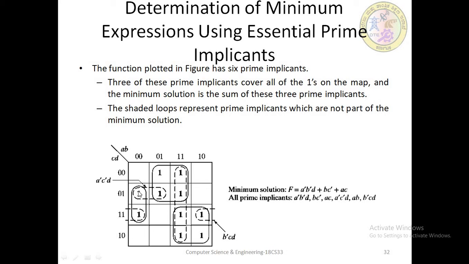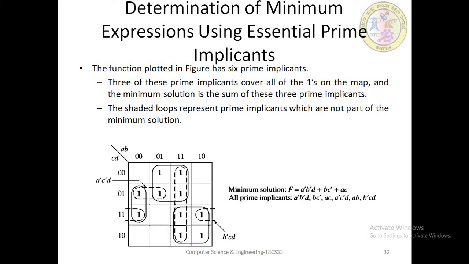If you see this one here, it is complete and does not share with any other one. Just follow my cursor line here, this one and this one. These are not shared with any other groups, which means these are prime implicants only.